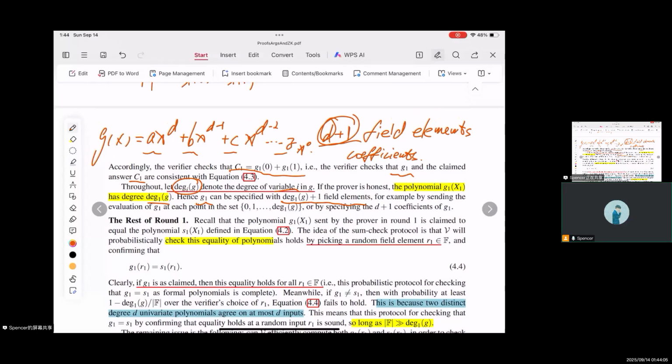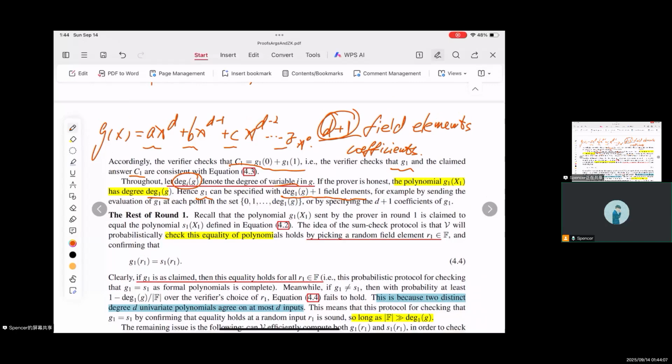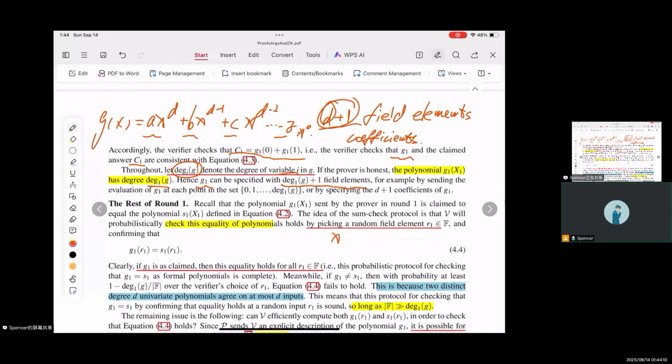So we need d plus 1 pairs, for example (x0, g(x0)), (x1, g(x1)), up to (xd, g(xd)), and we can combine these equations to get a, b, c and all the coefficients.